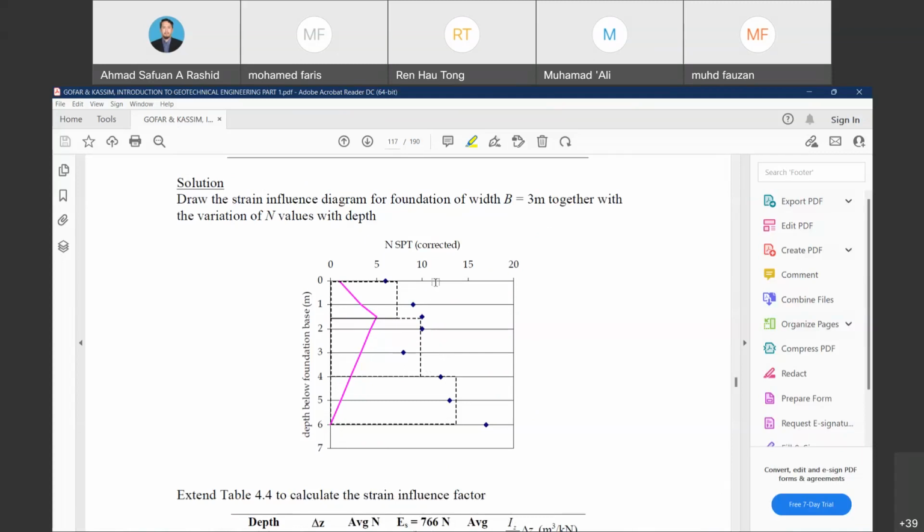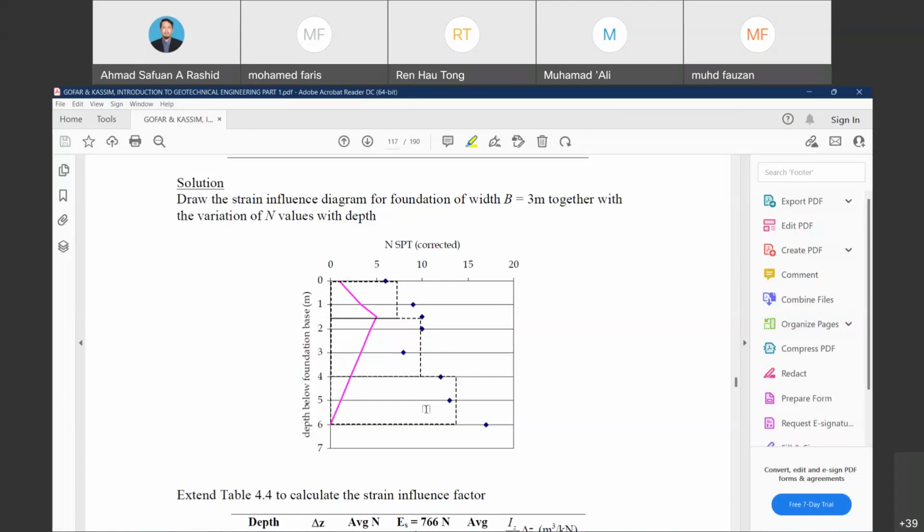For me, it is better to group into 2 major groups only, but for this case they group into 3 major groups. The first one is from 0 to 1.5 meter deep, then 1.5 to 4, and then 4 to 6.